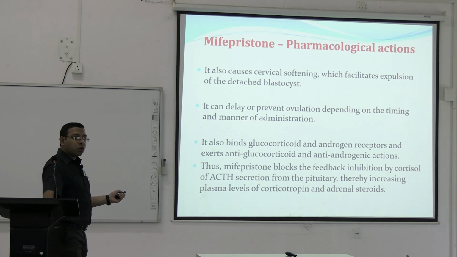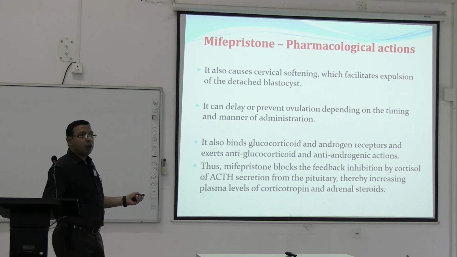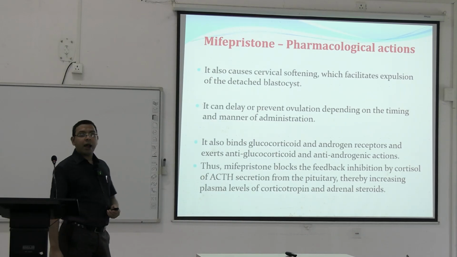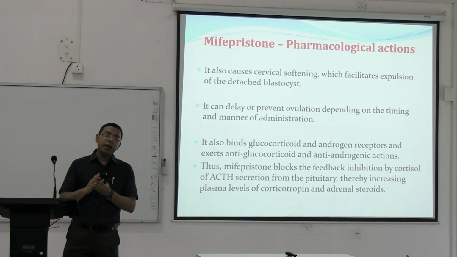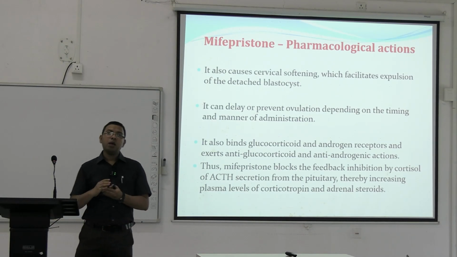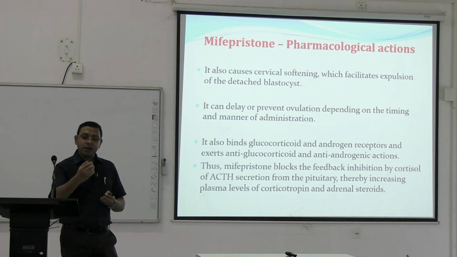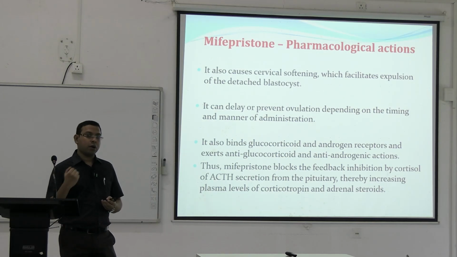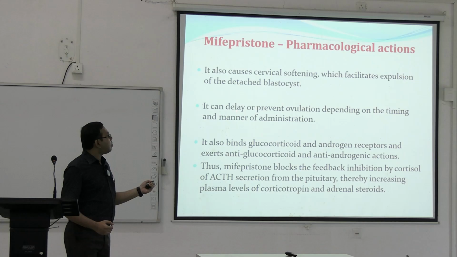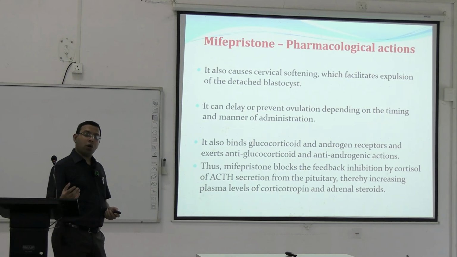It can also delay or prevent ovulation, depending on the timing and manner of administration. So not only does it block the progesterone receptors, cause cervical ripening, and lead to detachment and expulsion of the blastocyst, it also delays or prevents ovulation.